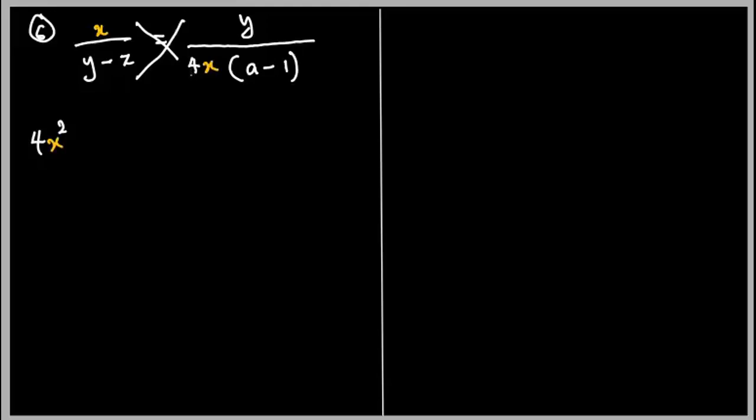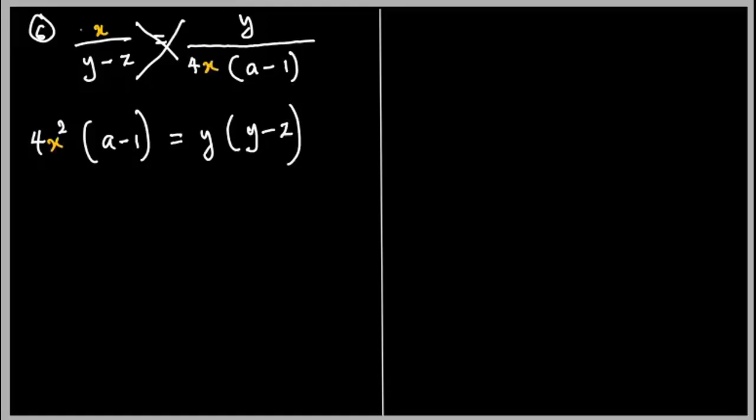So we'll have 4x squared, and there is a bracket attached to it, a minus 1. Then equals to, we have y multiplying y minus z. Don't forget what you asked me to make the subject. It's just x. I have to multiply by crossing.